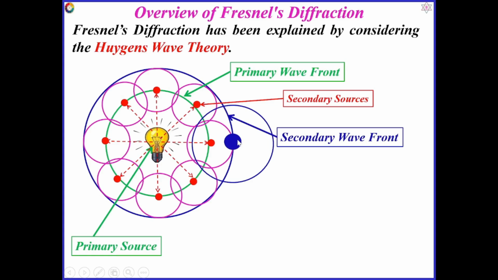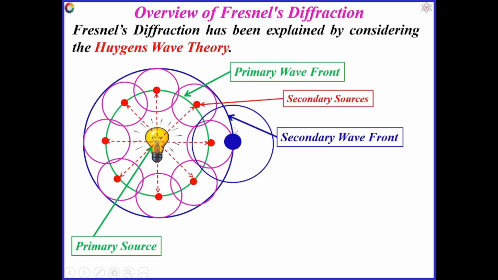As this will be a source, from this source also the wavefronts will be propagated in all directions. So this circle will be called the primary wavefront of this tertiary source, but this wavefront will be called the tertiary wavefront of this primary source.